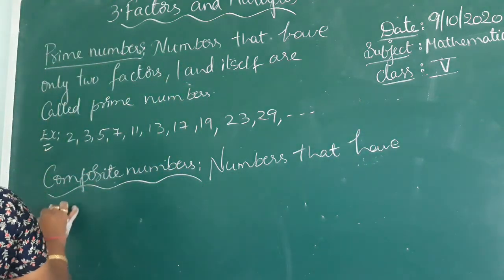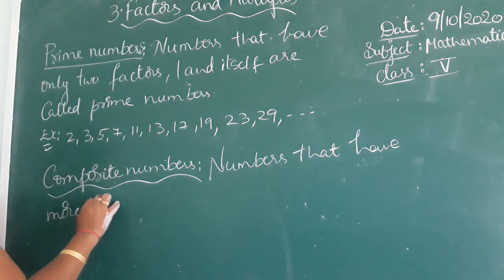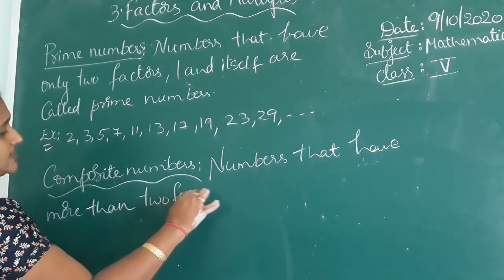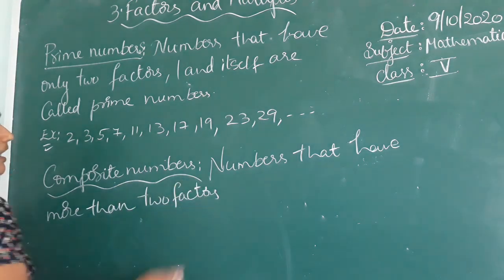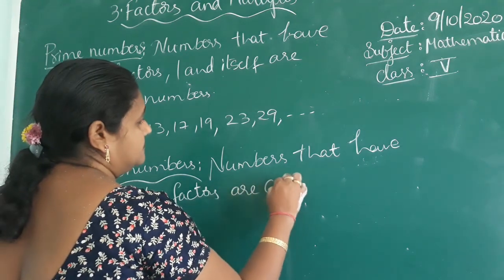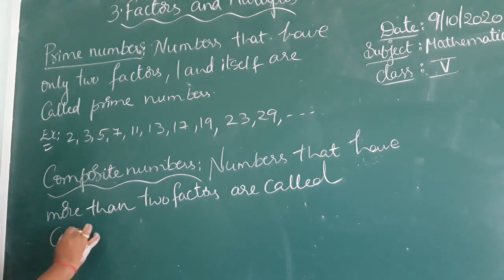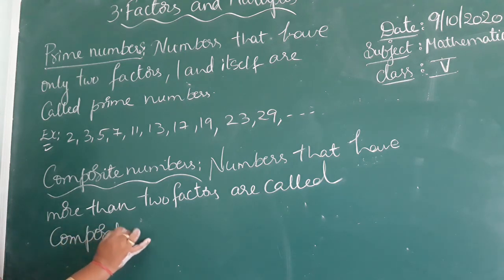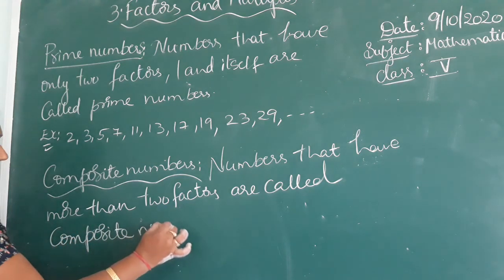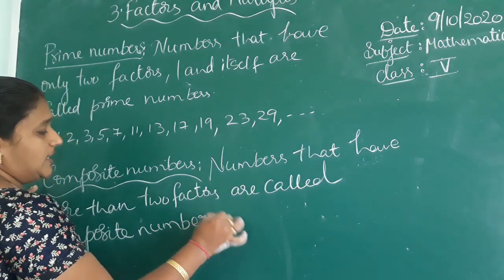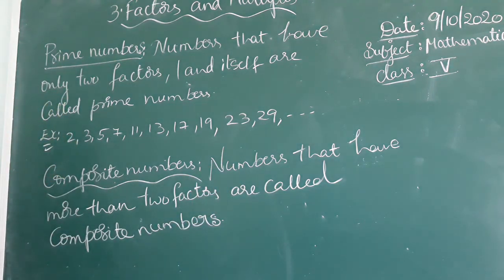Numbers that have more than two factors are called composite numbers. What are prime numbers? The numbers which have only two factors, one and itself. And what are composite numbers? The numbers which have more than two factors.